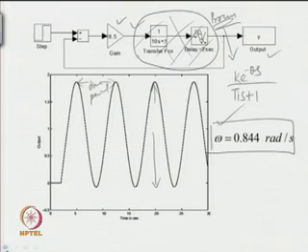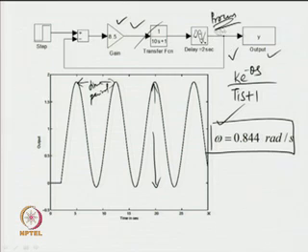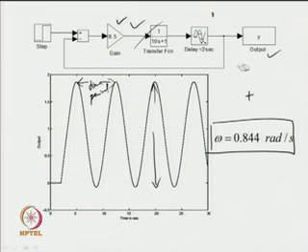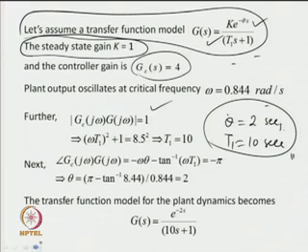The dynamics of the process, as you see over here, is nothing but e to the power minus 2 s upon 10 s plus 1. This is the process we had employed for identification, and we have identified the transfer function model of the process dynamics to be of the form G s is equal to e to the power minus 2 s upon 10 s plus 1.